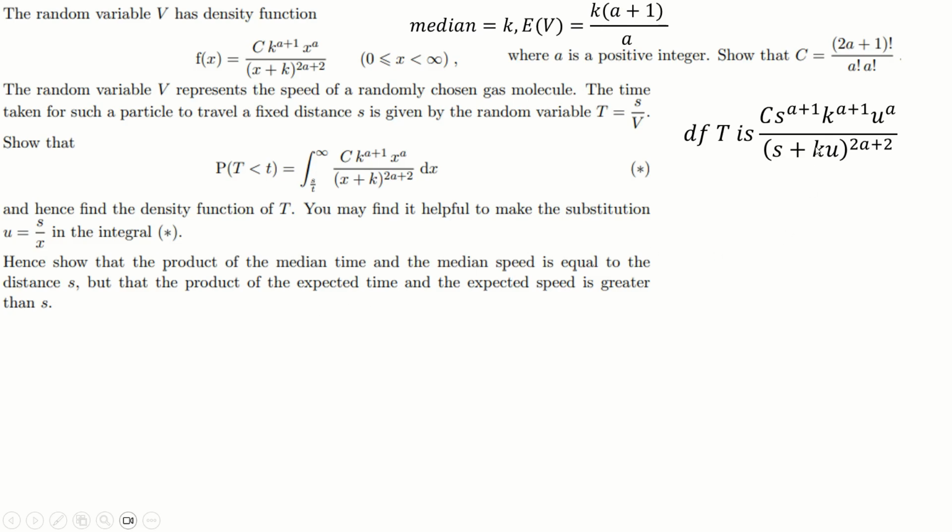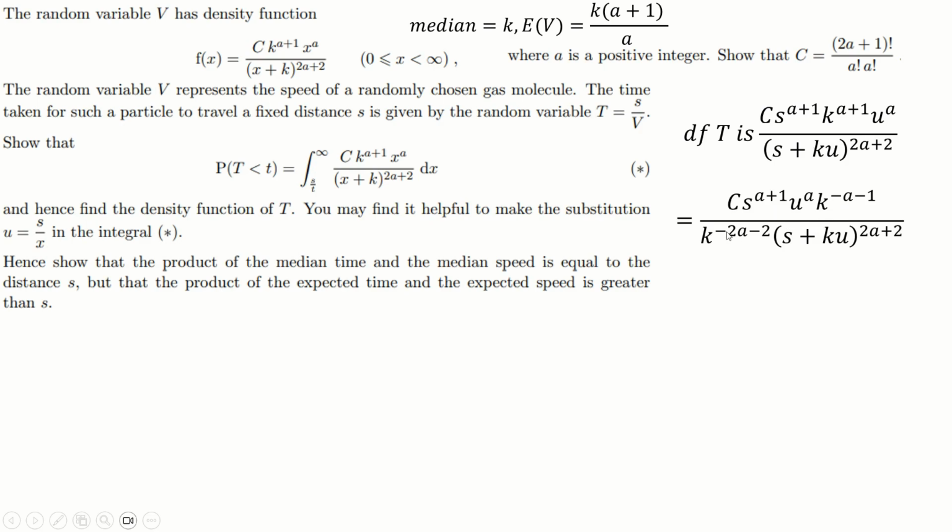So okay, what we need to do, it says hence, so we need to use what we just figured out somehow. When we look at this density function and look at this density function, they look kind of similar. And we can actually change this one to be basically exactly the same as this one if we just do some work here. If we write this on the bottom, so this is a crazy way of doing it, but I think it just about holds.